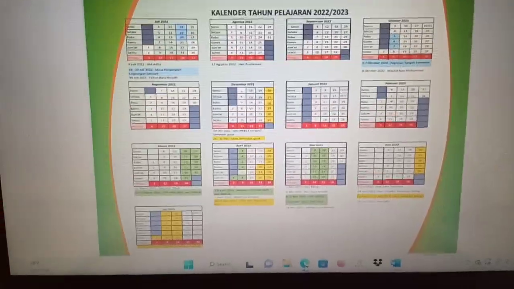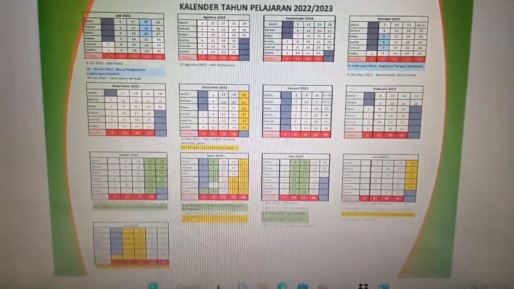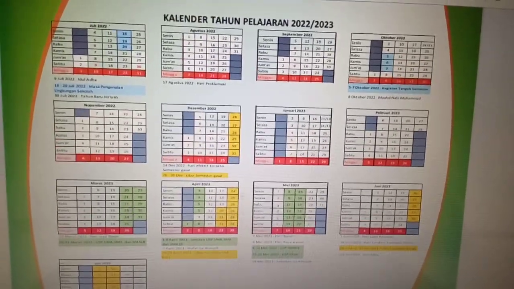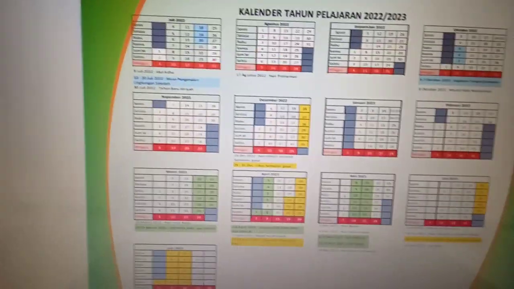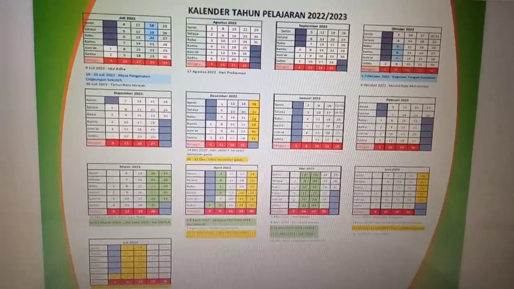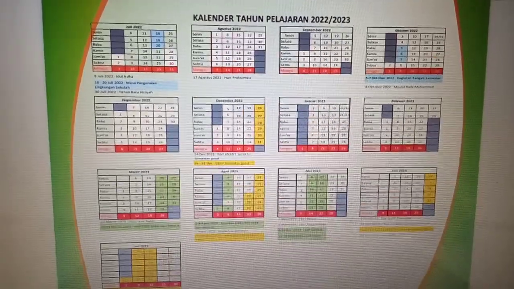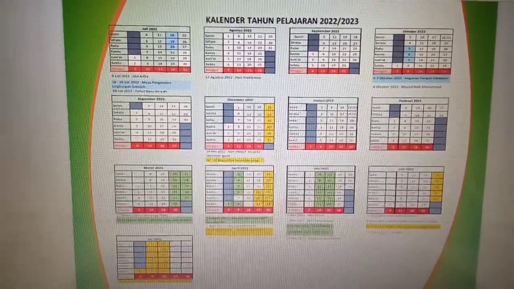The scholastic year in our country always begins with the month of July. And why do we need to count these effective weeks and ineffective weeks?